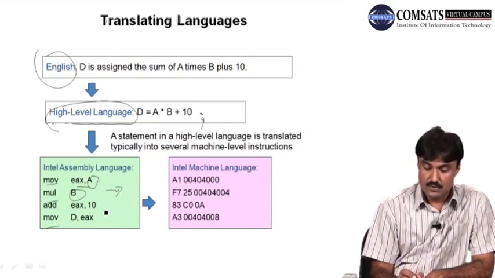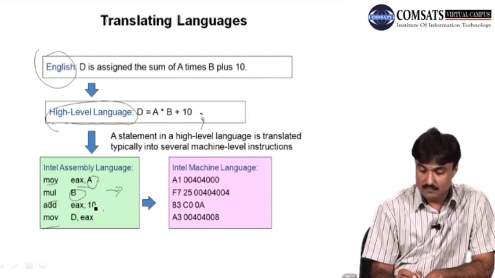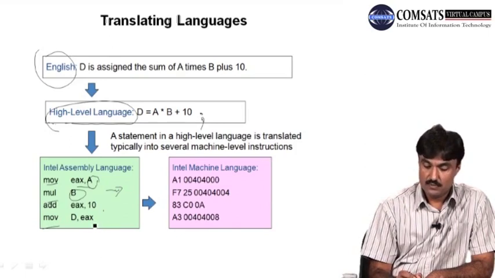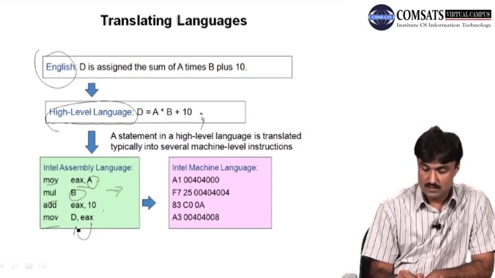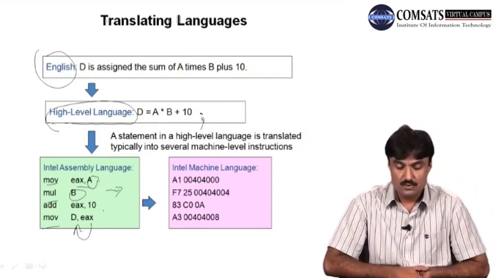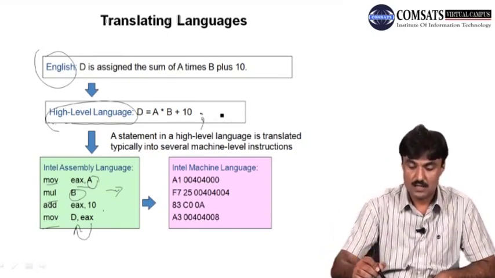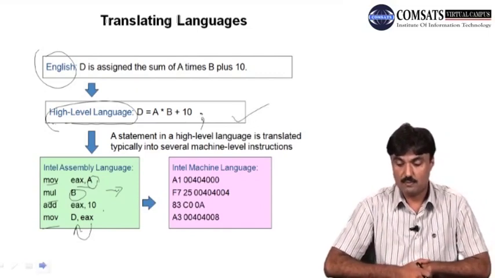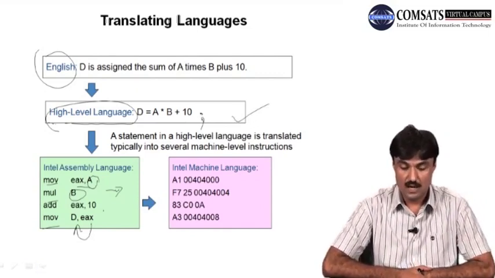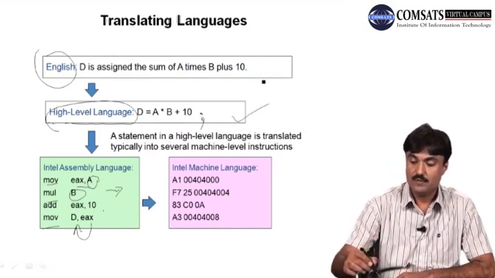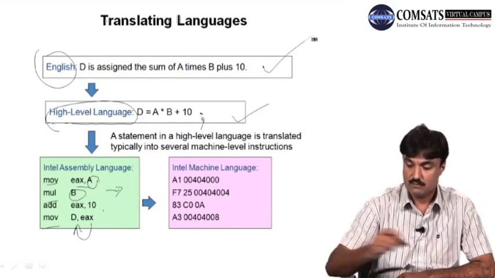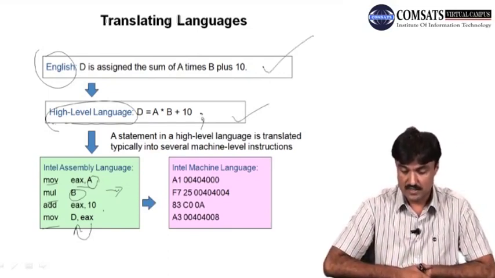Then whatever result was inside the accumulator, we add 10, and in the end we move data from the accumulator to D. So there are about 4 instructions to perform this task, which was performed in one statement in the high-level language and in the English language.